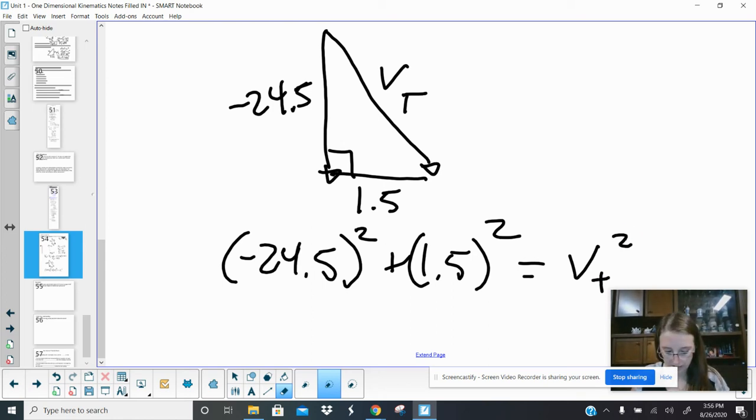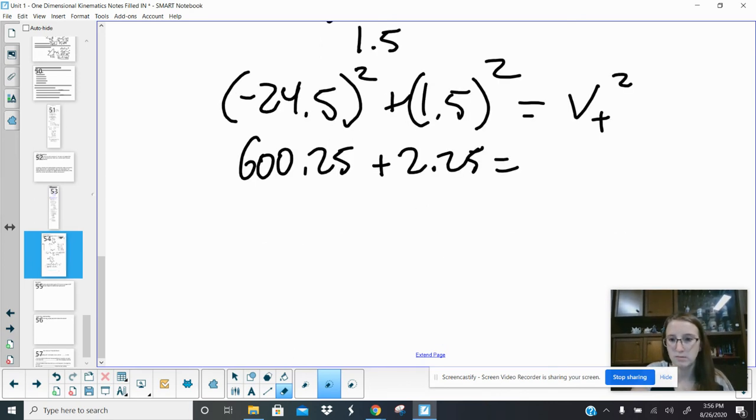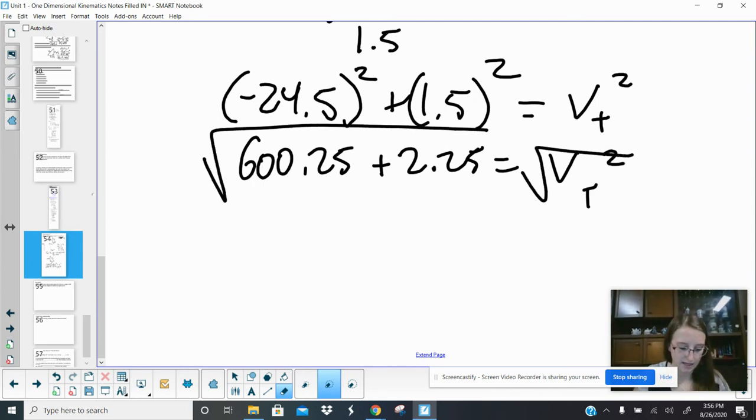So 24.5 times 24.5 gives us 600.25, plus 1.5 squared, 2.25, equals my total velocity squared. And again, we're going to take the square root of those after we add them together.